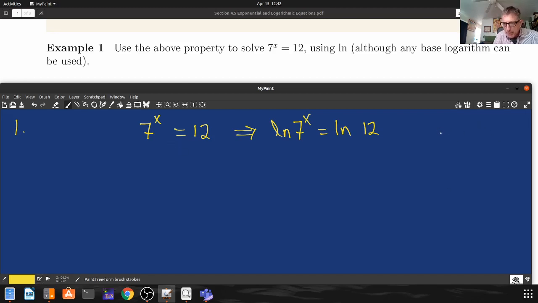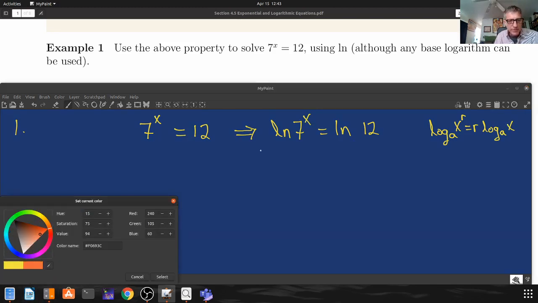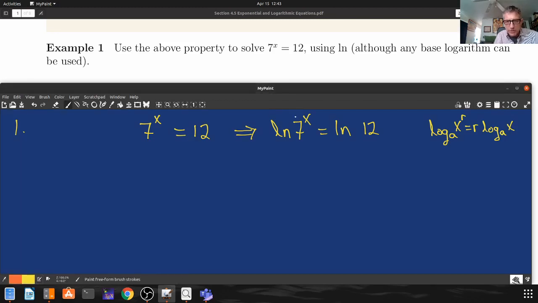But I have a property of logs that says log to the base a of x to the r is equal to r times log to the base a of x. So we're going to use that right here to bring the x down in front.